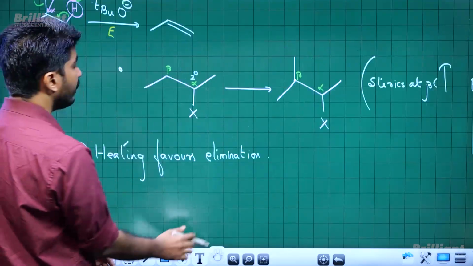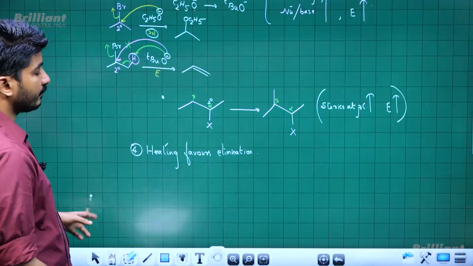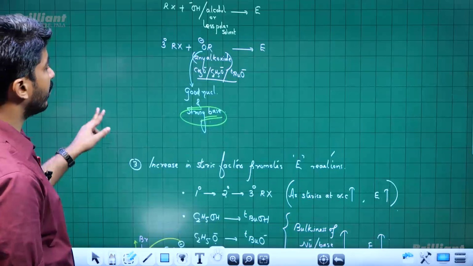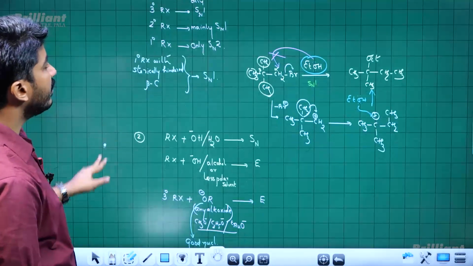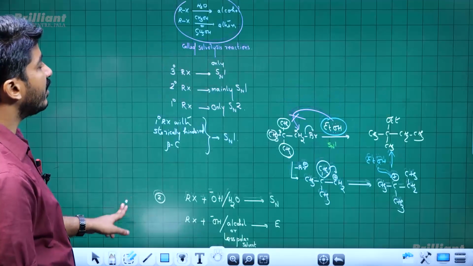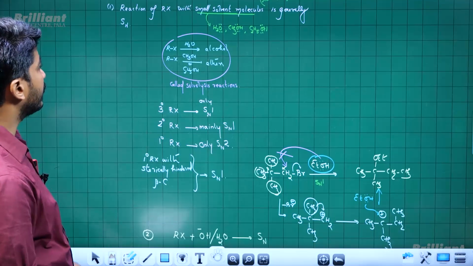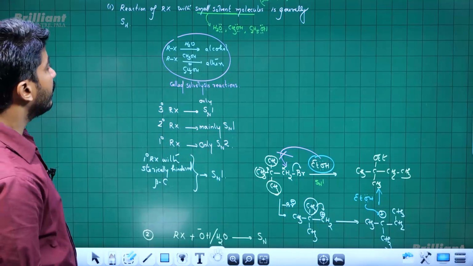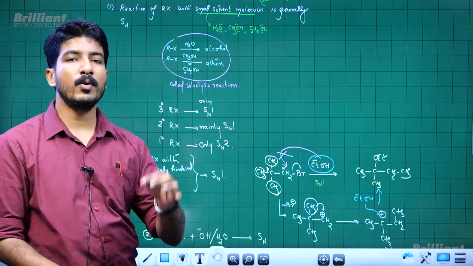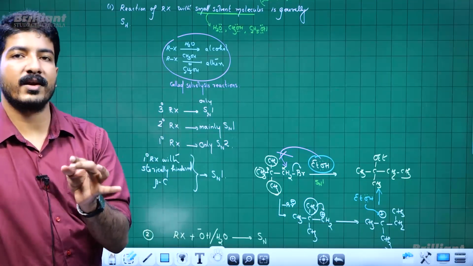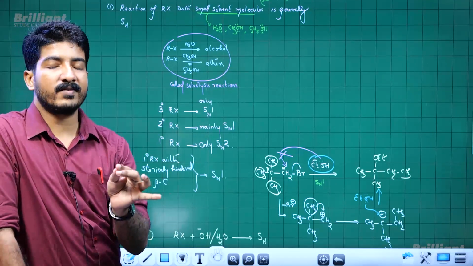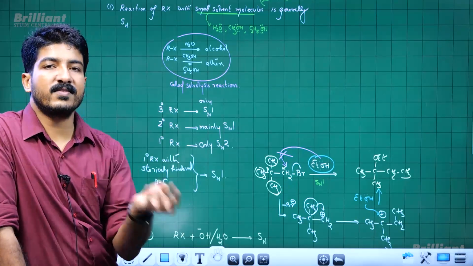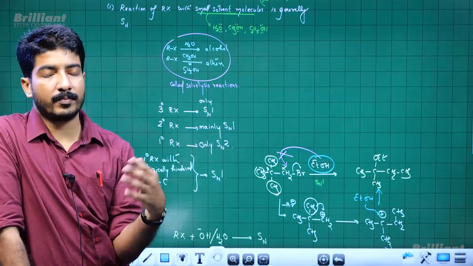So these are the 4 simple rules which we should work with while deciding whether a reaction of a haloalkane is SN or elimination. Once again, the reaction of a haloalkane with small nucleophilic solvent molecules like H2O, methanol or ethanol is solvolysis. That is generally SN reactions. We get alcohol or ether products.